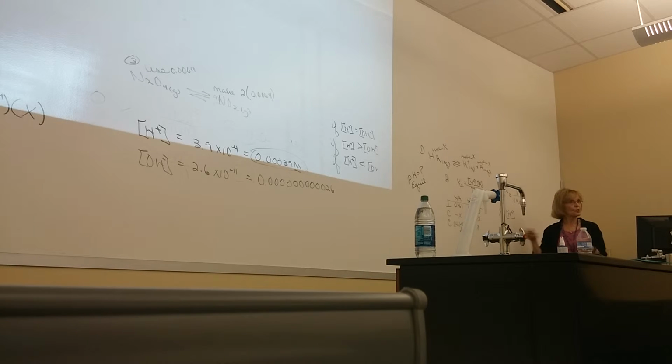If they had been a little nicer to us, they would have just said, what's the hydrogen ion? But they're not. Okay, so hydrogen ions, anybody have it? 0.00547. Okay, and that's molar. So what other folks got?